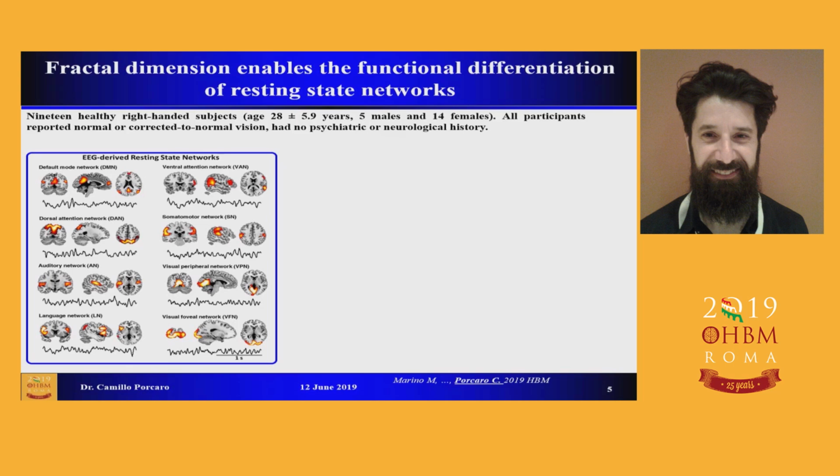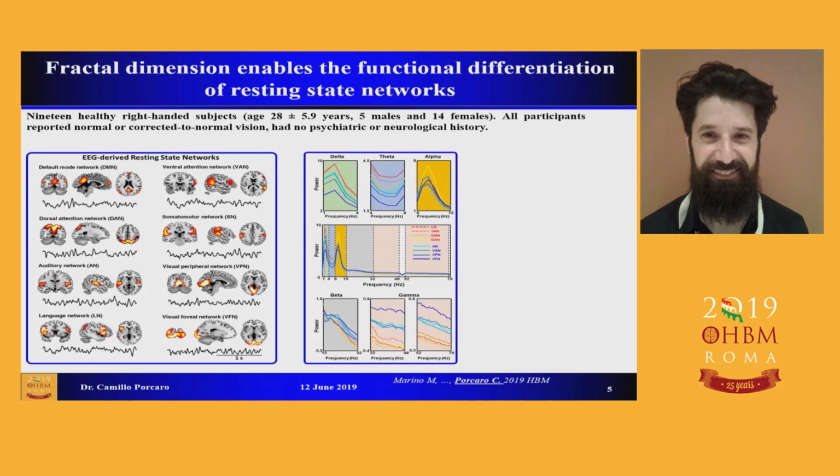Now, instead of concentrating on the spatial point of view of these networks, we started to understand in which way we can characterize the neuronal activity of all these networks. One thing we can do is move from the time domain, because for each resting state network we have one time series that characterizes the whole network, to the frequency domain.